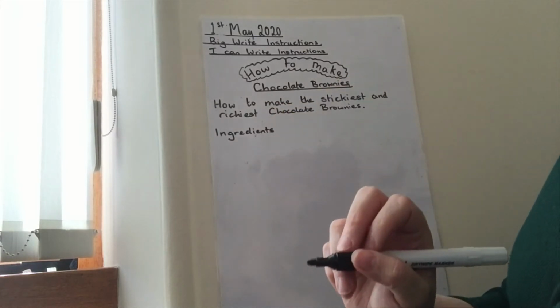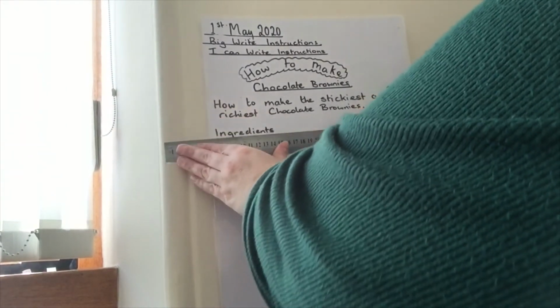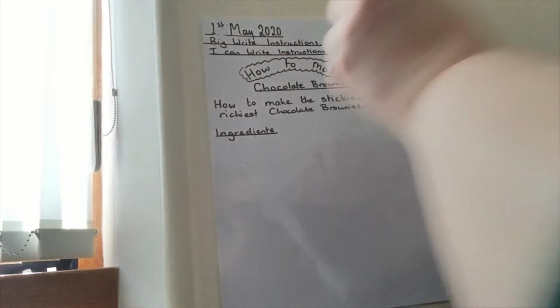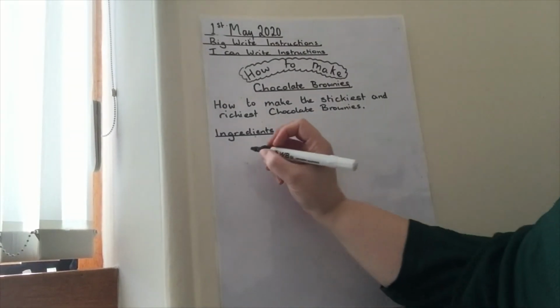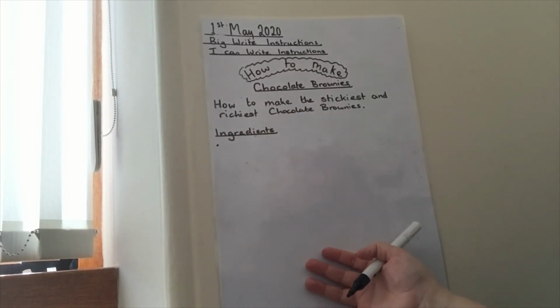And I'm going to underline my subheading. And then I'm going to list all the ingredients I need. Now I can do it with bullet points. I'm going to do it with bullet points because when I do my method, I'm going to use numbers.